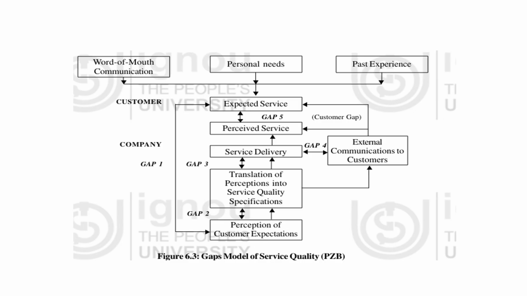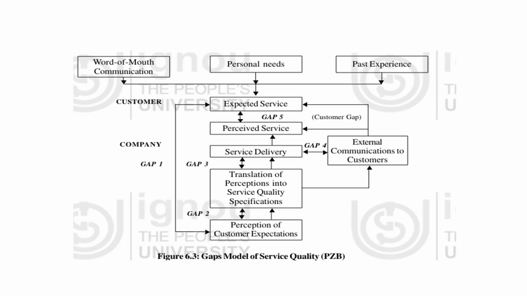So simply, the model works as a system, and customer expectations flow downward into the organization, as you can see, and the service is designed, delivered, and communicated upward back to the customer. And any failure at one stage creates a gap that widens gap 5, which is the customer gap.